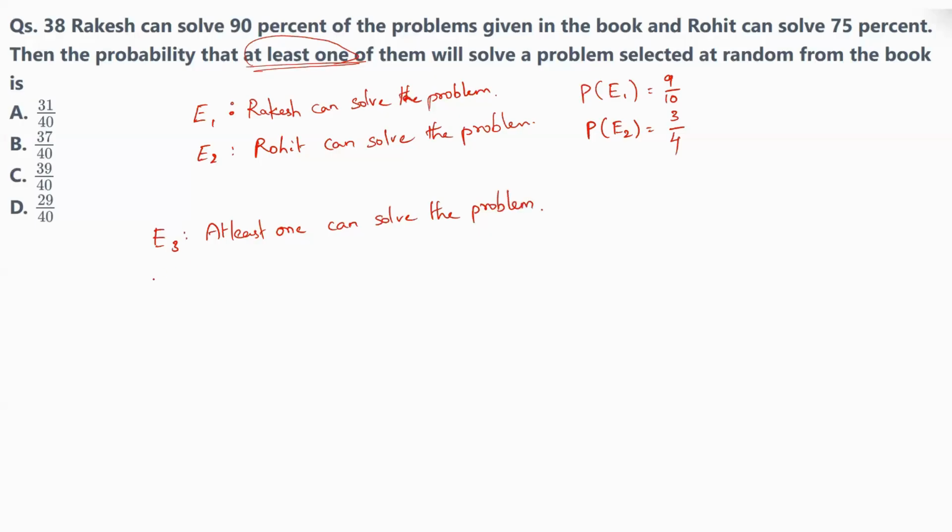This means the same as 1 minus E3 complement. What is E3 complement? None can solve the problem.